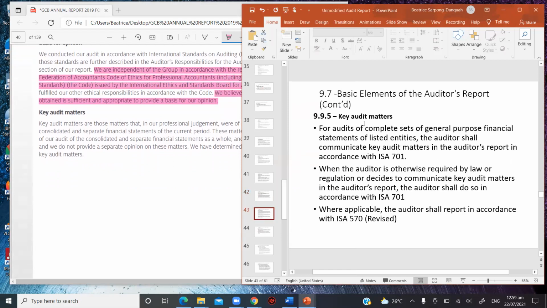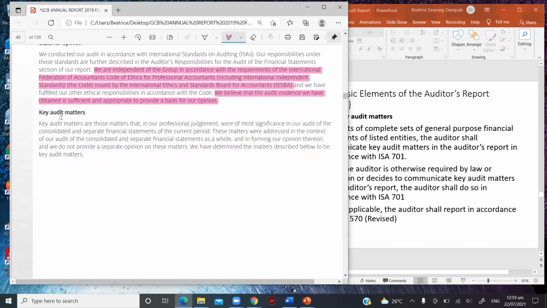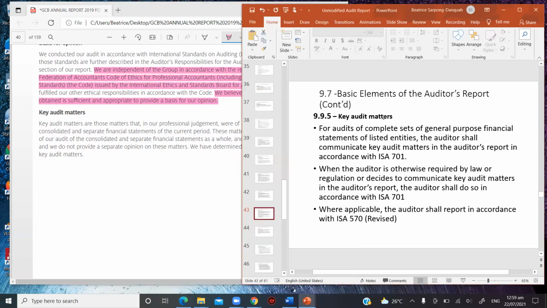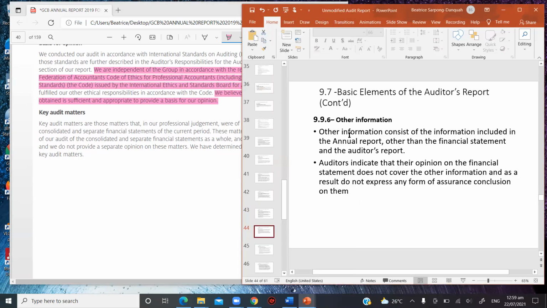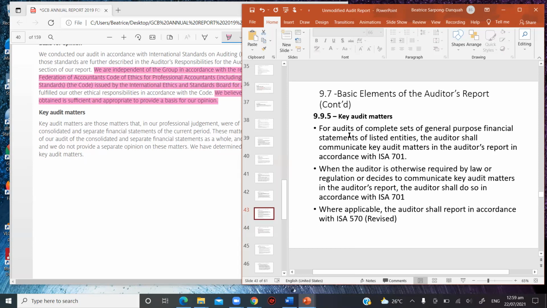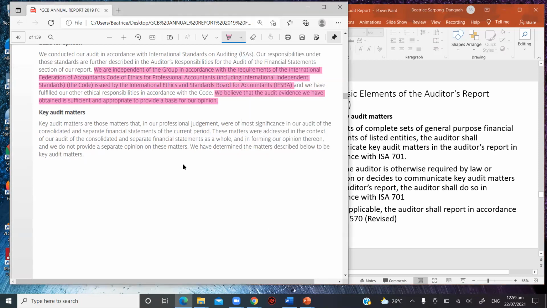Key audit matters. You realize that that is what follows the basis of opinion in our example, the GCB Bank's audit report. Key audit matters are those matters that, in the auditor's professional judgment, were most significant in their audit.